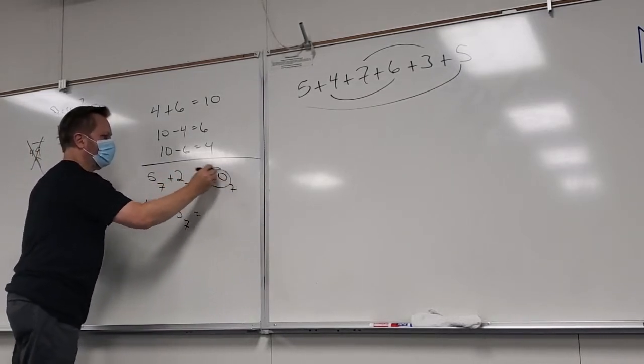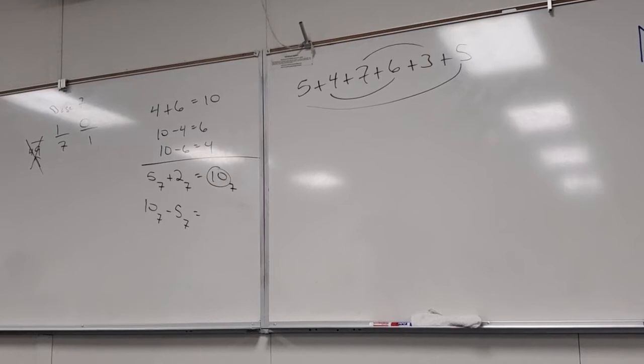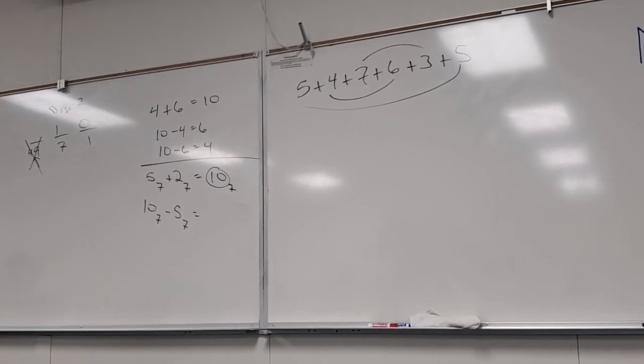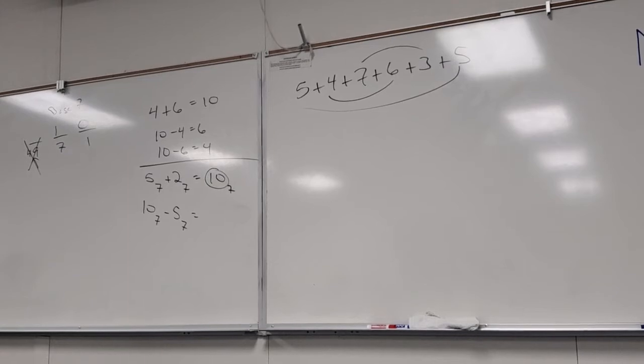In fact, this symbol, no matter what the base, means that you've hit the base. 4 plus 6, you hit the base. You hit 10, so that's 1 0. 5 plus 2 in base 7 is 1 0, because you hit 7. You got 1 base and no singles.